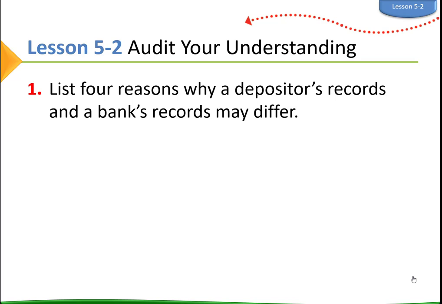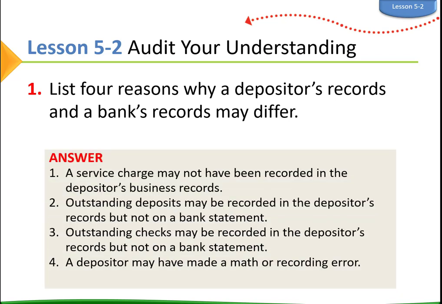List a reason why a depositor's records and a bank's records may be different. So let's think about what the four different ways are. I want you to name one on the Ed Puzzle. The service charge may not have been recorded. Outstanding deposits or outstanding checks.